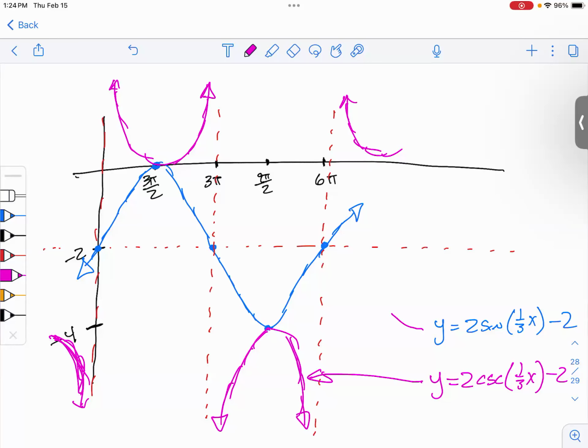You can just point to one of them, and ideally I know that as long as you understand that the other one is the cosecant, and that one is the sine. That's all that you need to do, because at this point, this demonstrates understanding that you know what's happening.